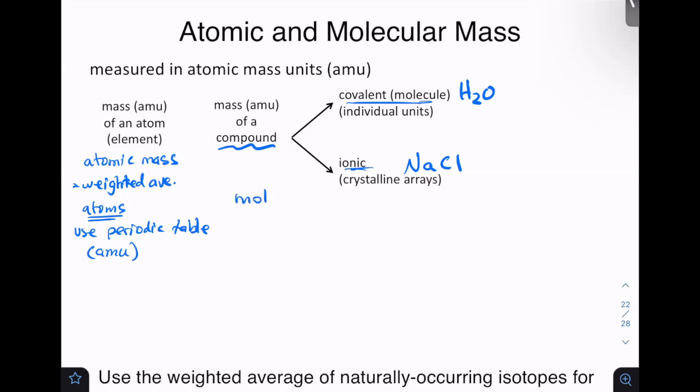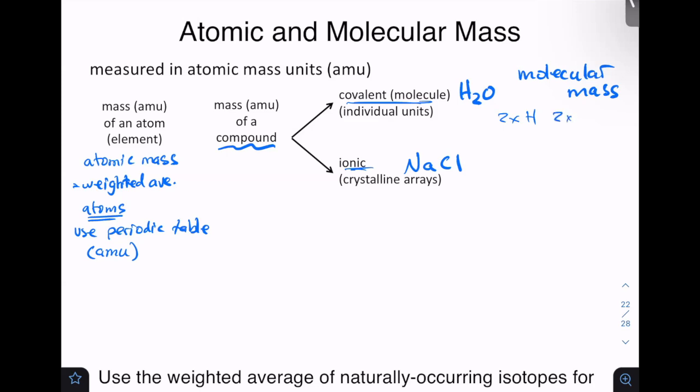The molecular mass, well, if we want to know what the molecular mass of one molecule of H2O is, we simply add up the atomic masses from the periodic table. We've got 2 hydrogens, and each hydrogen is 1.00794. So I'll round that up to 1.008.